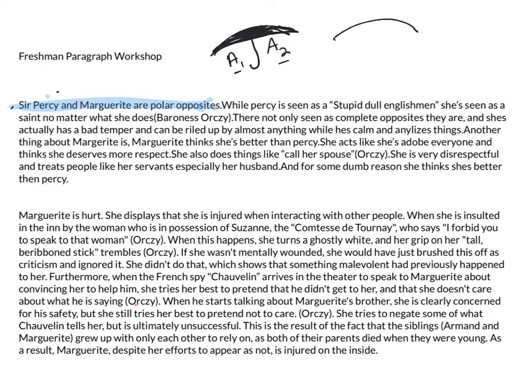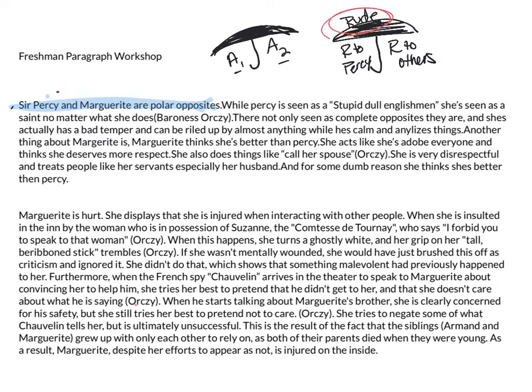So, if you are trying to prove that Marguerite is rude, if that's your umbrella, then underneath you would have she's rude to Percy, and you would say that she is rude to others. Each of those arguments fits under that idea of she is rude in general.